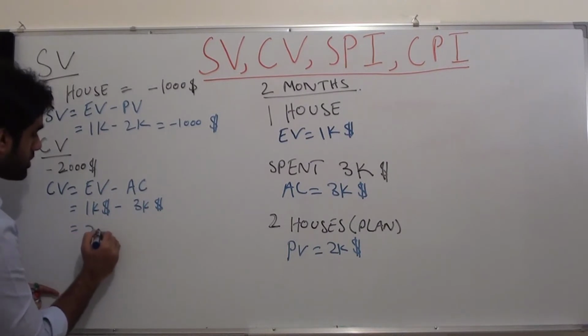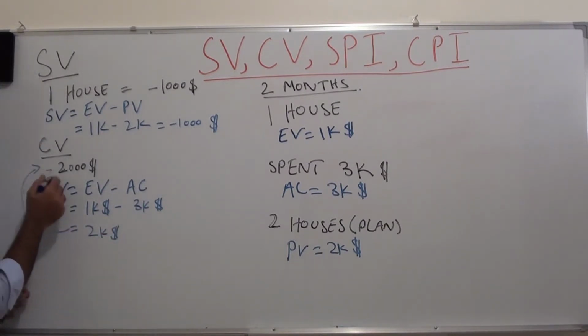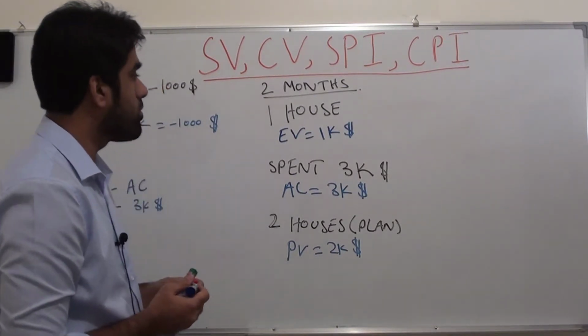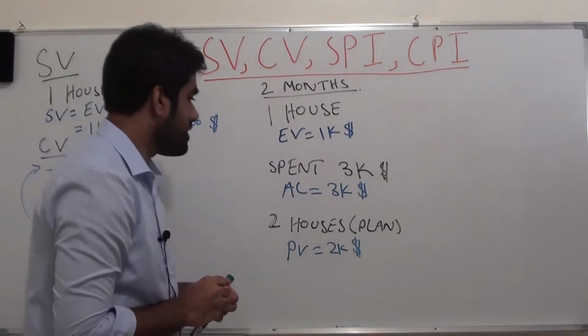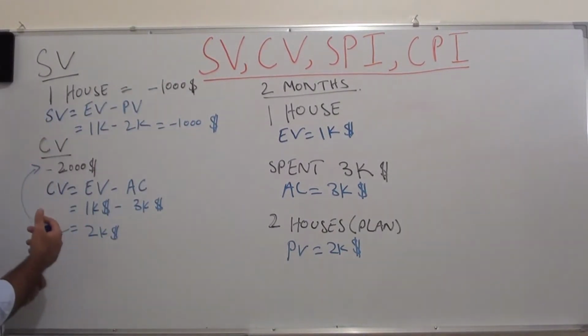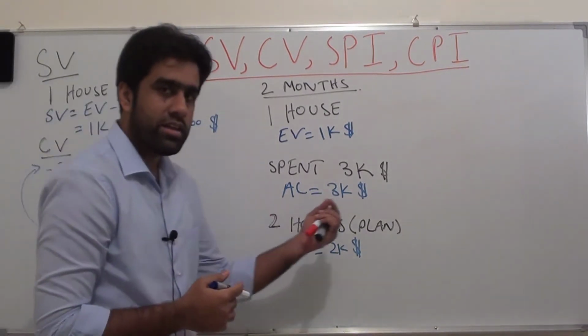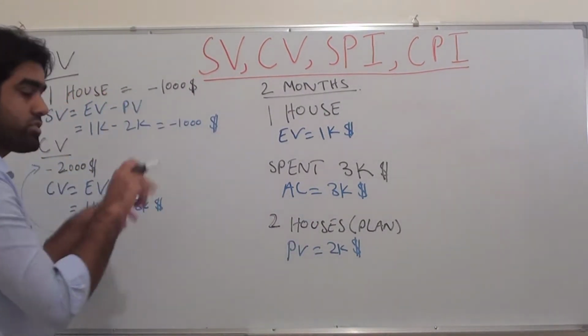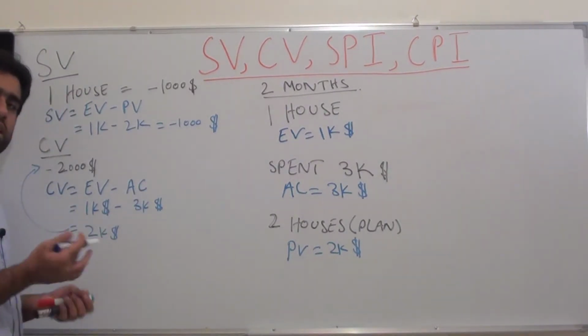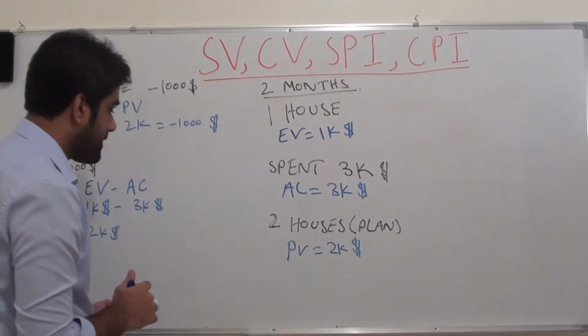This is equal to minus $2,000. This is the same as what we concluded logically by looking at our problem case. So we got schedule variance and cost variance. In a little while I will show you in boxes what positive and negative mean.